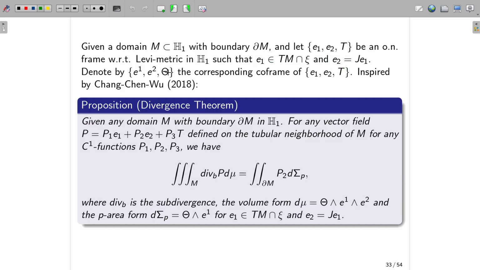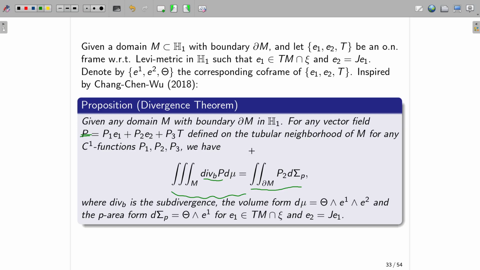We have the following divergence theorem. If a vector-valued function P is defined by P1 E1 + P2 E2 + P3 T, then the integral of the divergence of the vector-valued function is equal to the double integral on the surface of P2 with respect to the P-area.